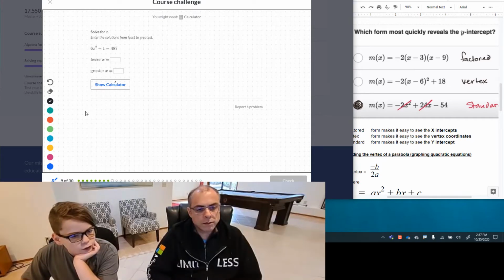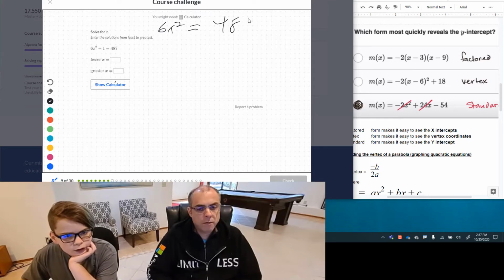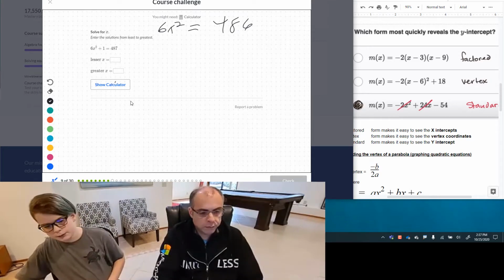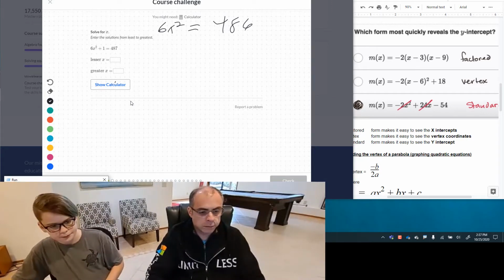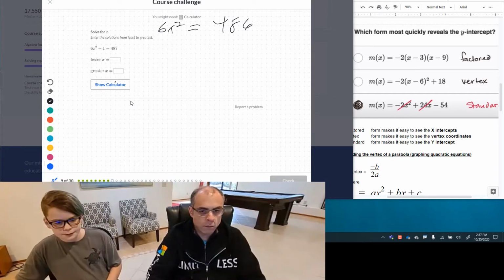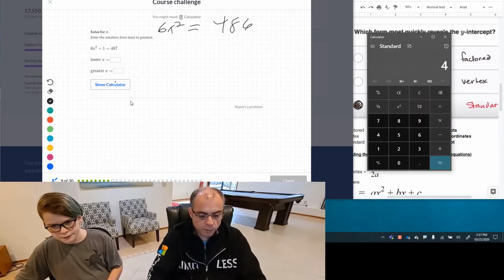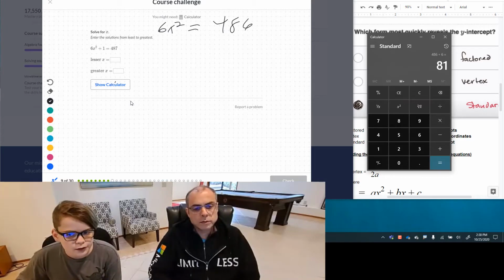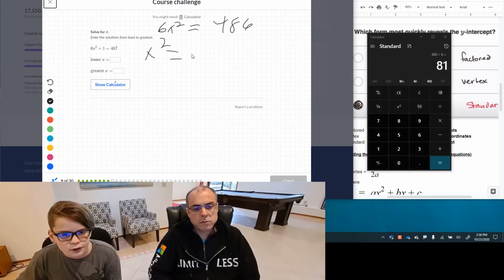Okay, let's try that. So 6x squared equals 486. Can you do it on the built-in calculator? Okay. So when we divide each side by 6, that would equal x squared.